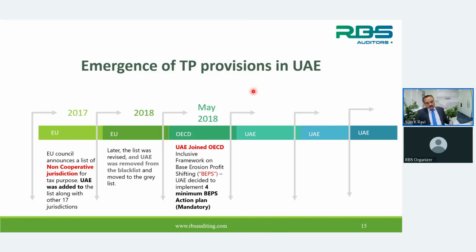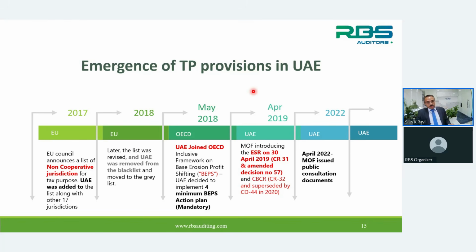See, whichever member country joins the OECD, they have to maintain at least the 4 minimum standards. So UAE has adopted that. And in April 2019, ESR was adopted on 30th April. The UAE Ministry of Finance introduced ESR on 30th April 2019, with Cabinet Resolution number 31 and amended decision number 57, and country by country report issued by UAE.